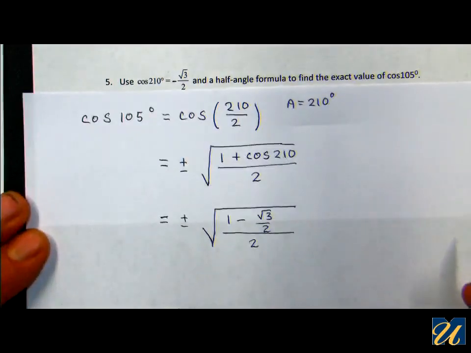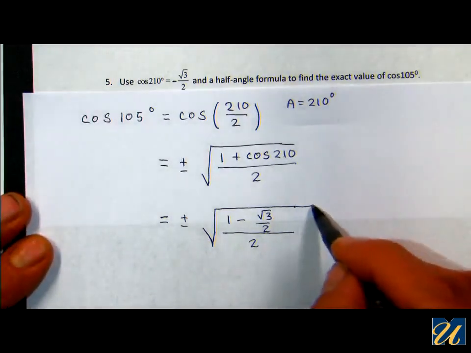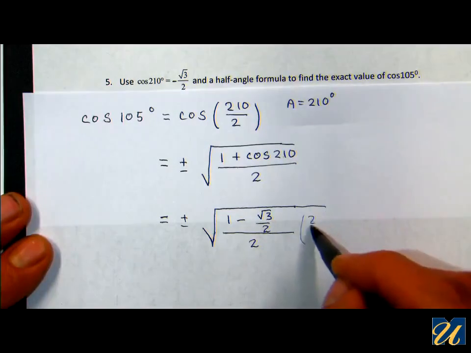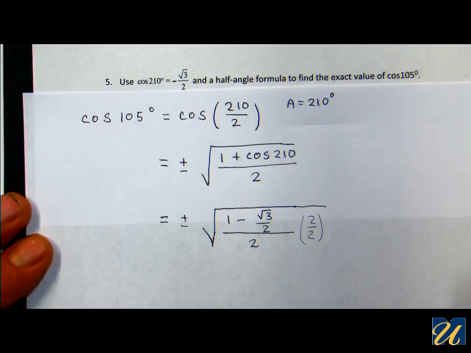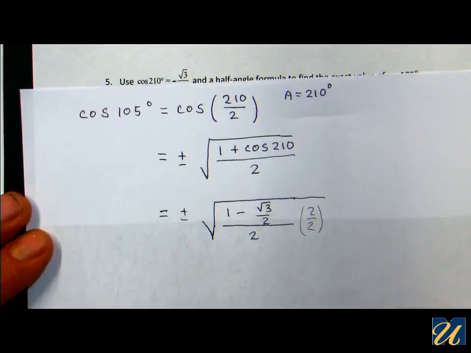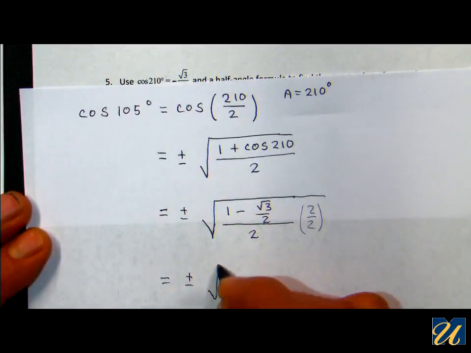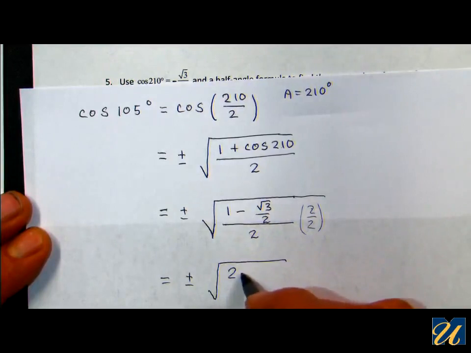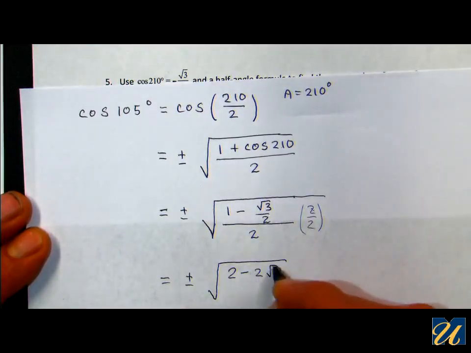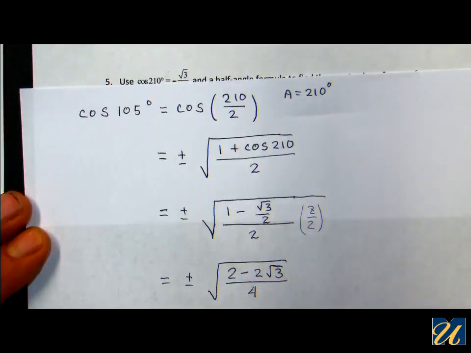Okay. So we need to simplify this a little bit. So I'm going to take this fraction here, and I'm going to multiply top and bottom by 2, like that. So I'm multiplying the fraction by 1, nothing's going to change. Plus or minus square root of 2 times 1 is 2, minus 2 times root 3, all over 2 times 2 is 4.